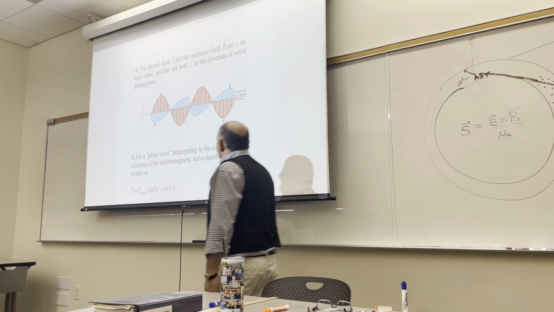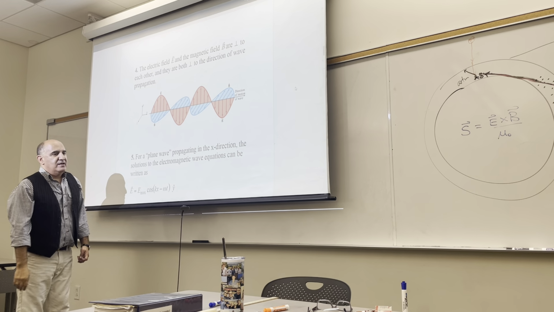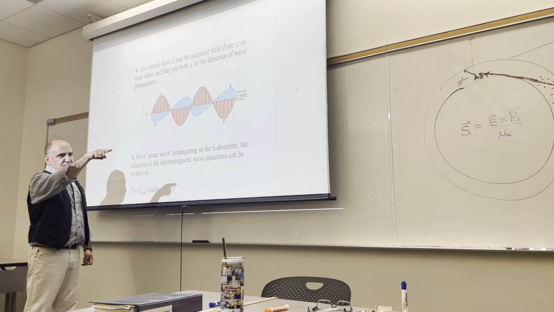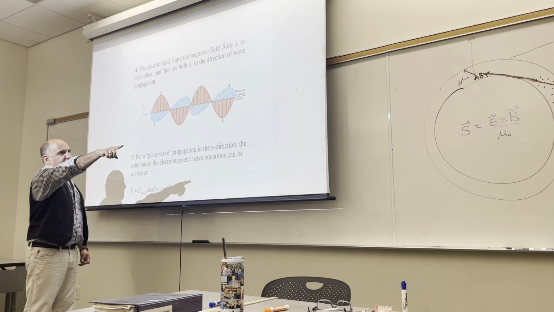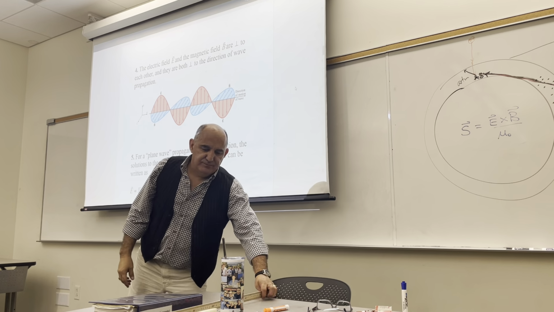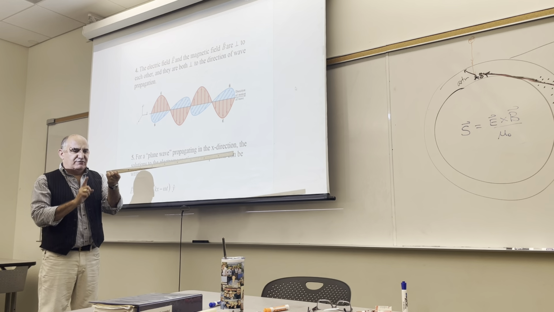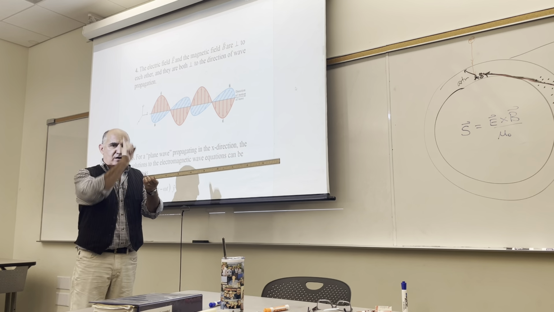So, in this particular wave, as the wave travels to the right in this picture, let's say that's the x-axis, and the electric field is oscillating up, down, up, down.